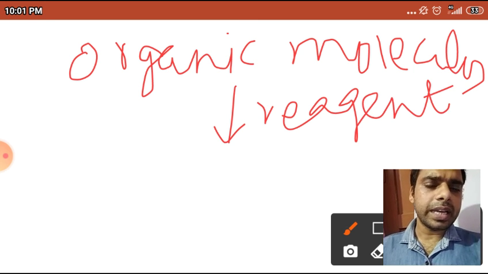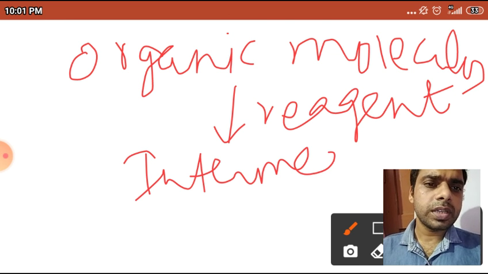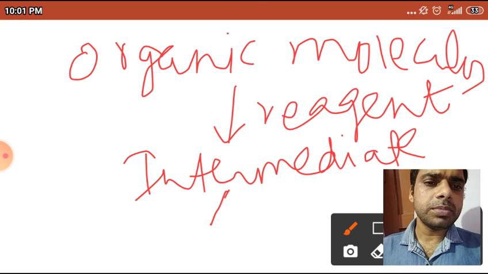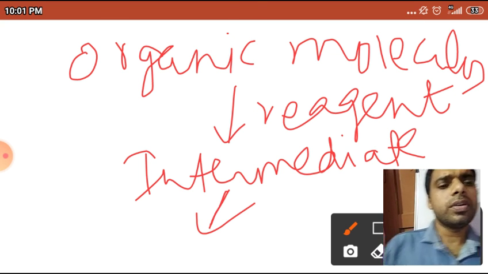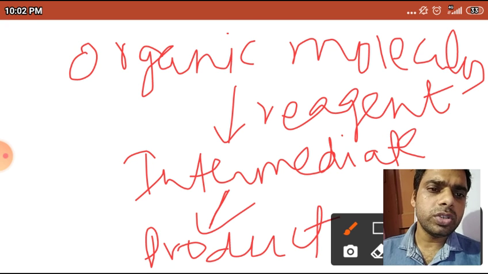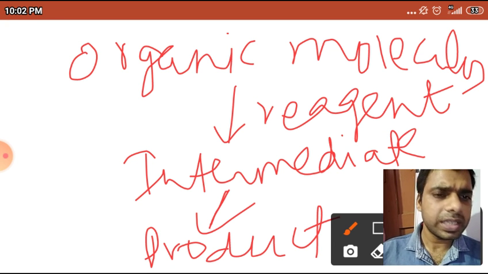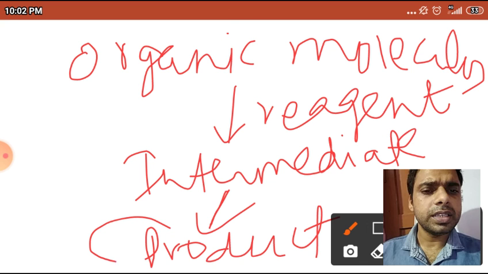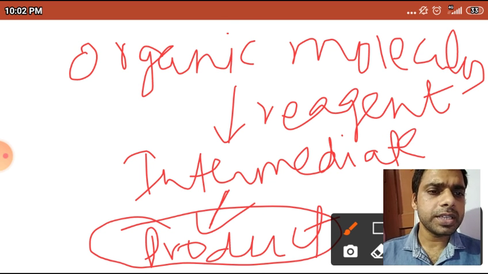Then after it can form an intermediate, and then this intermediate can form product. Product, with the evolution of some amount of byproduct it can give, but finally it will give the product. Okay, dear student?